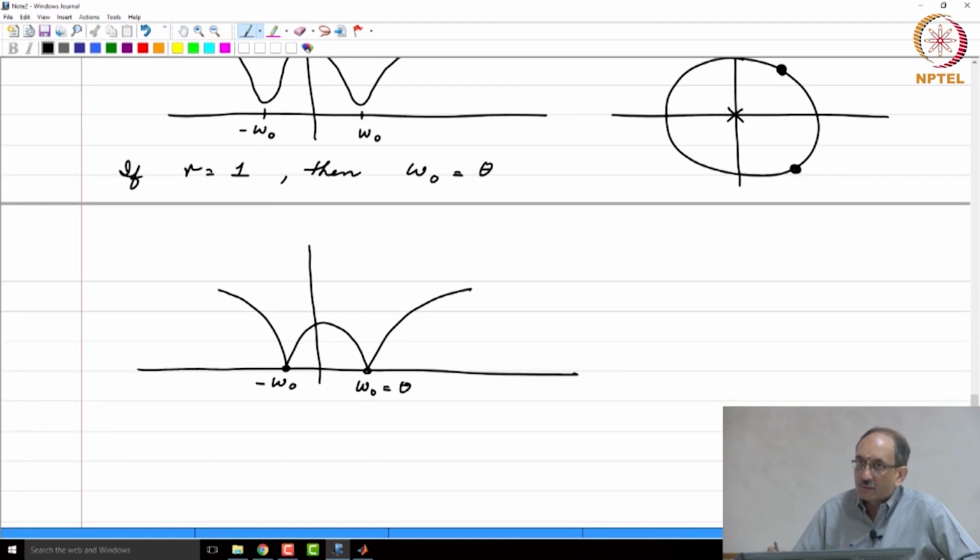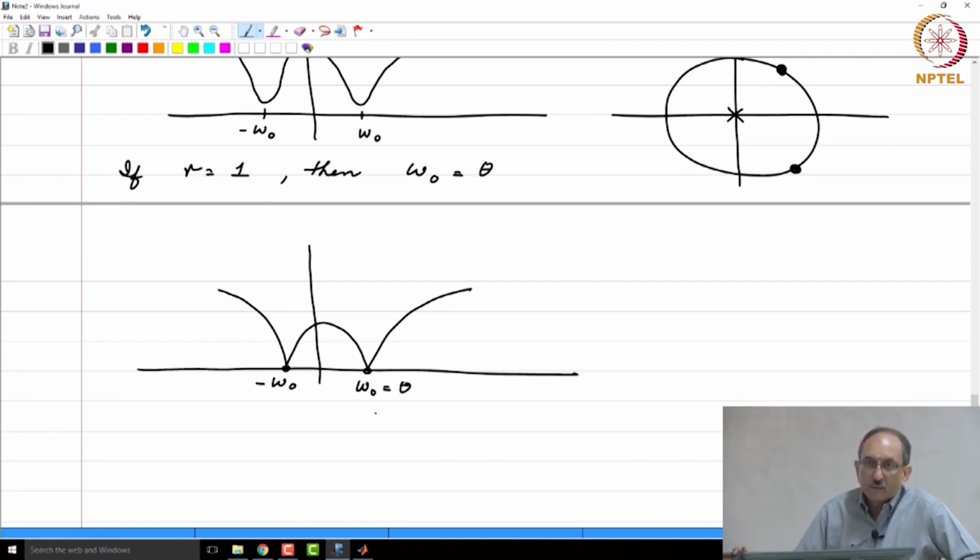And to such a filter, if you applied an input which was cos omega naught n, then what will be the output?